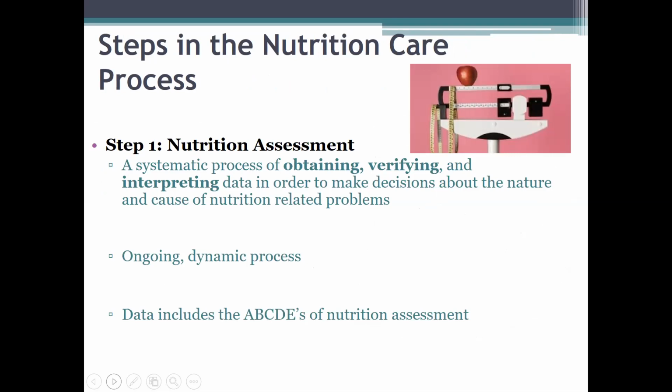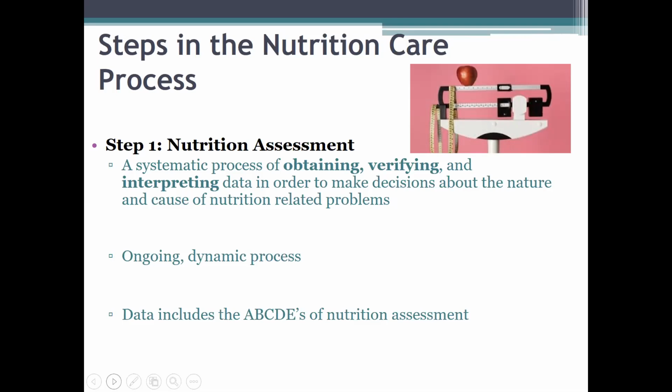So the official definition, here's that word again: systematic process of obtaining, verifying, interpreting data in order to make decisions about the nature and cause of the nutrition-related problems. So getting information. Maybe you're asking the patient, maybe it was already somewhere from a referral or the medical record.